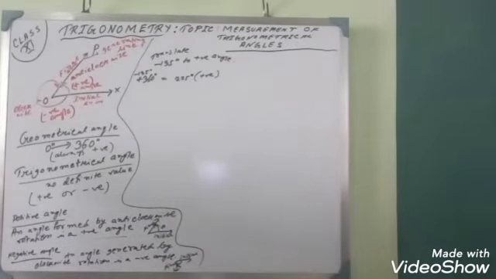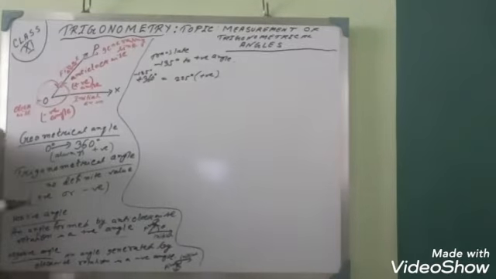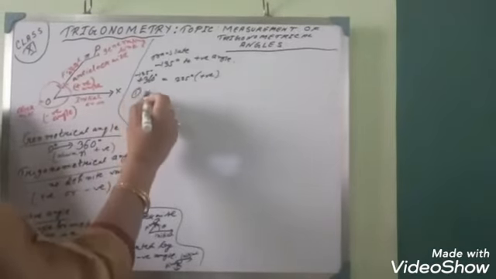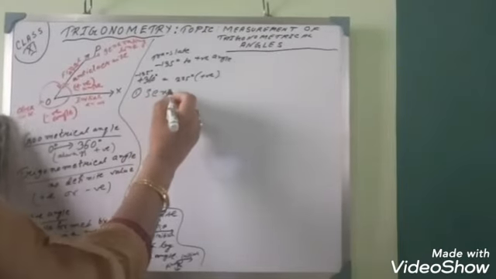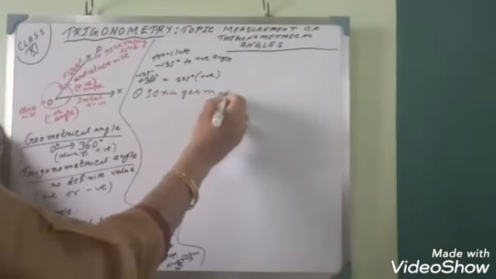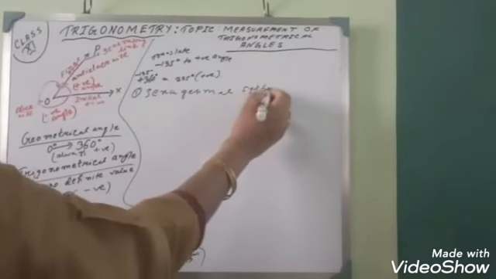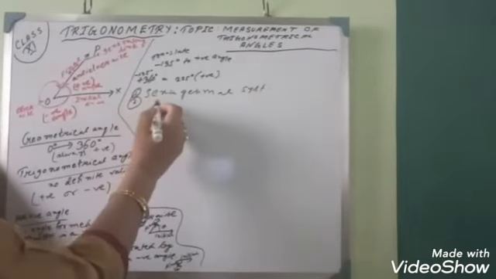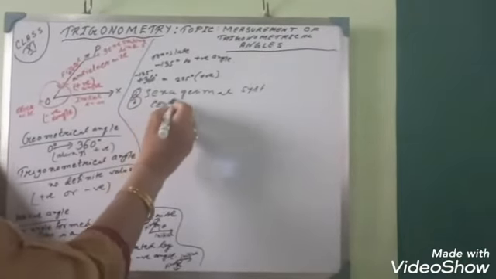Next, the systems of measuring angles. What are the systems of measuring angles? There are three systems. One is sexagesimal, which you have already done in class 10. Number 2 is centesimal, which you have not done.